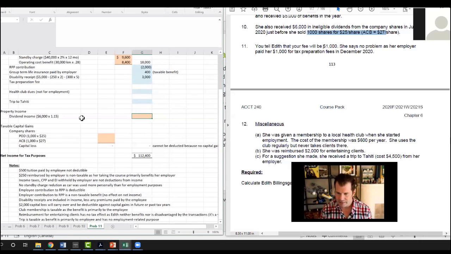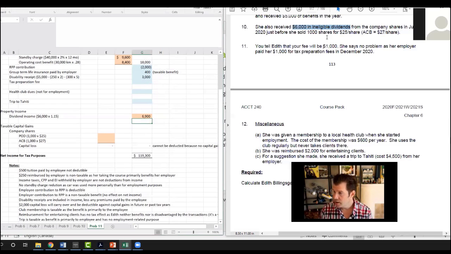So the dividend income here is $6,000. And because they're non-eligible dividends, we're multiplying by 1.15. It's a 15% gross up. So this equals $6,000 times 1.15. And that's the amount of property income we have.